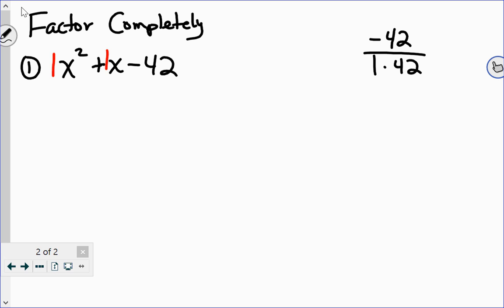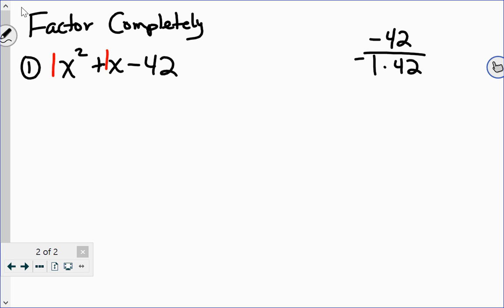Now, 1 times 42 does not equal negative 42. One of these two numbers has to be negative. What I'm looking for is a sum of those two numbers that ends up being positive 1, which means it has to be the smaller number that is negative, because if I add a negative and a positive and get positive, the positive must be larger.